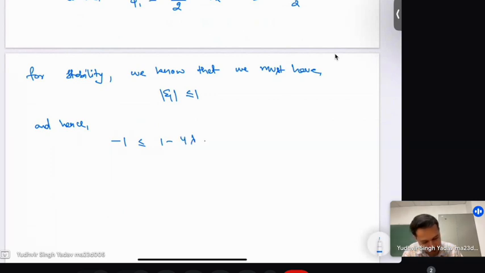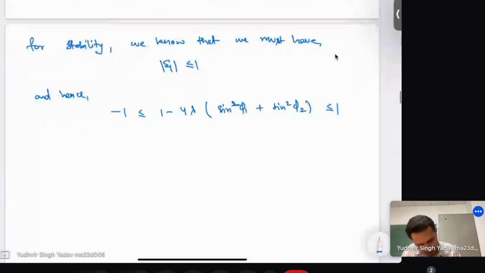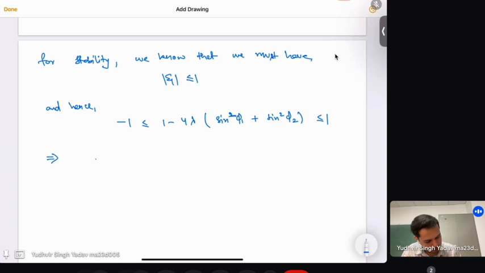So it will be 1 minus 4 lambda times sine square phi 1 plus sine square phi 2, between minus 1 and 1. Therefore, subtracting 1 from both sides, we will have 0.